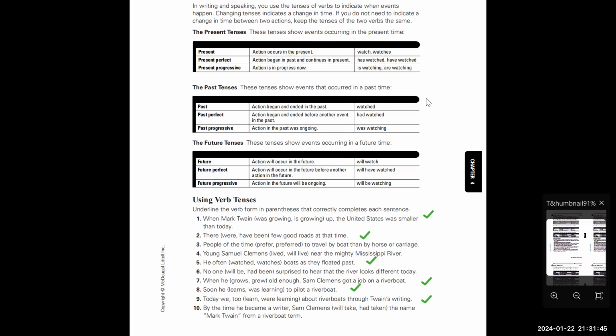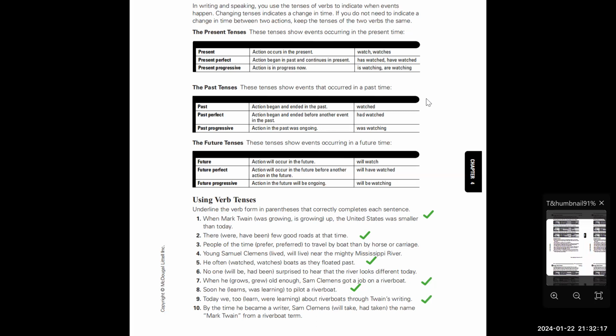And every time you use that phrase, what tense does that mean? Past perfect. That's right.